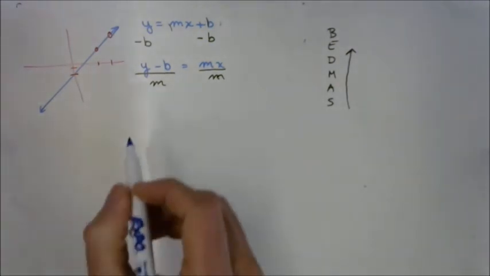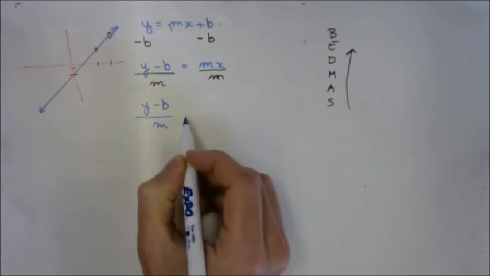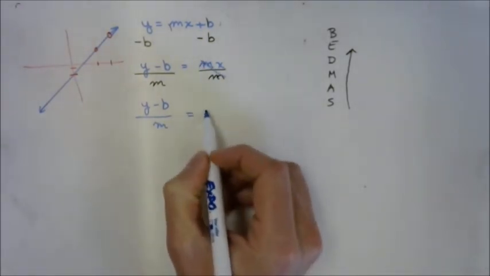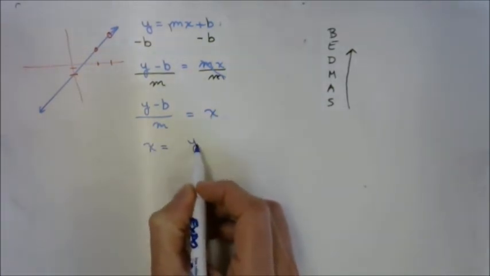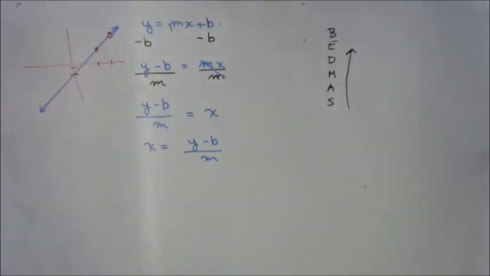So y minus b over m, that's as simplified as that's going to get right now. And over here, our m's cross out, and we're left with x. So now we've expressed x in terms of y, b, and m. That's good.